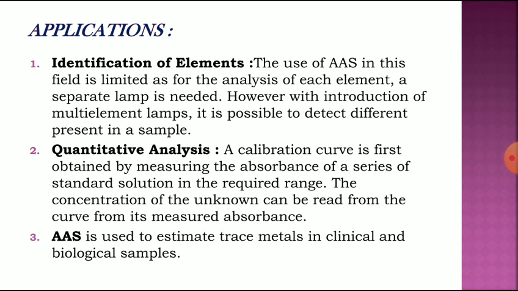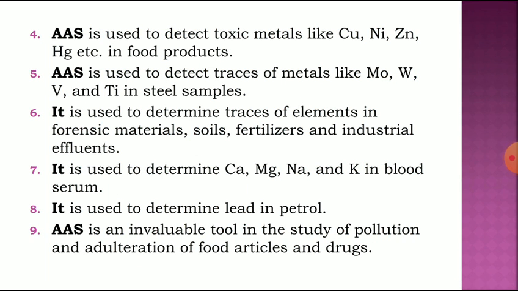Third one, AAS is used to estimate trace metals in clinical and biological samples. This is the third application. Fourth one, AAS is used to detect toxic metals, copper, nickel, zinc, mercury, etc., in food products. AAS is used to detect traces of metals like molybdenum, tungsten, vanadium, thallium in steel samples.